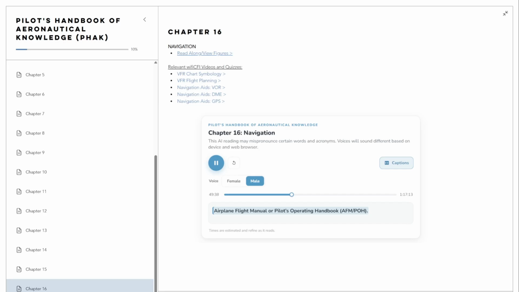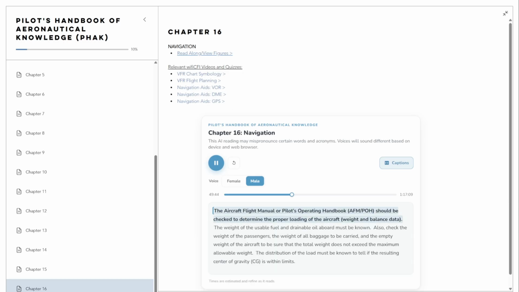Airplane Flight Manual or Pilot's Operating Handbook, AFM, POH. The AFM or POH should be checked to determine the proper loading of the aircraft, weight and balance data. The weight of the usable fuel and drainable oil aboard must be known.